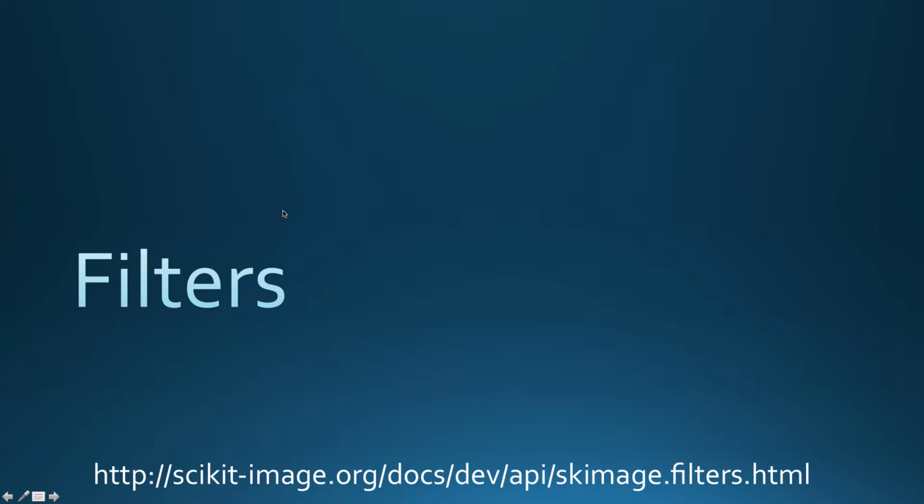Filters. So I have a URL here. This URL is for scikit-image. NumPy is numerical Python. SciPy is scientific Python. And then there is scikit-image. Whenever they want to add stuff to SciPy, SciPy is really big and complicated, so they first experiment by putting it into a module called scikit.